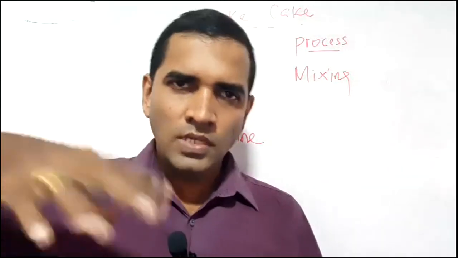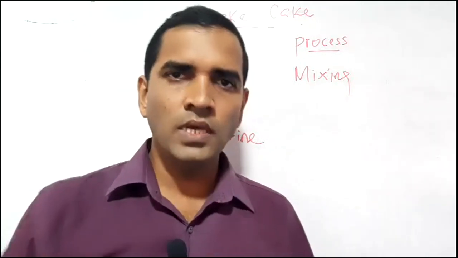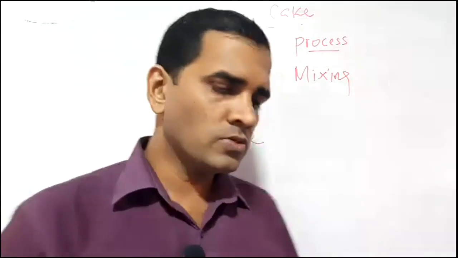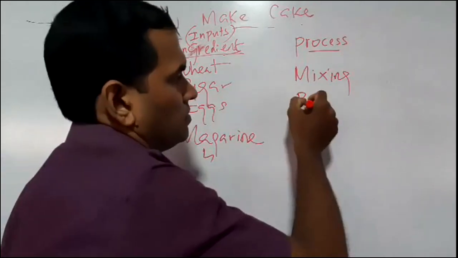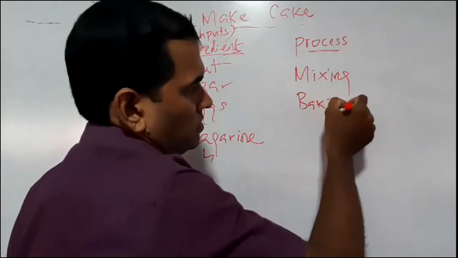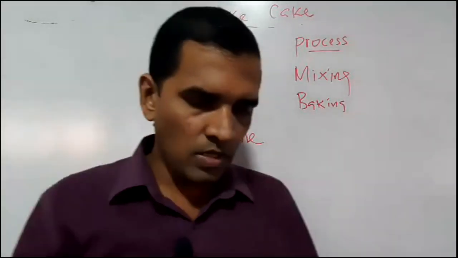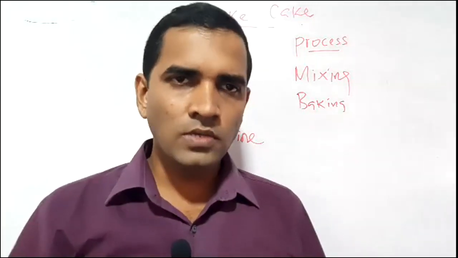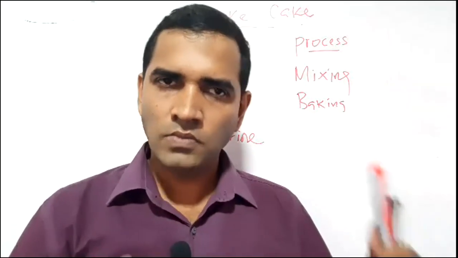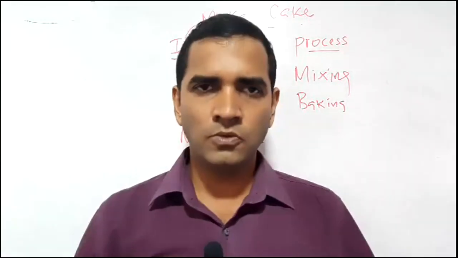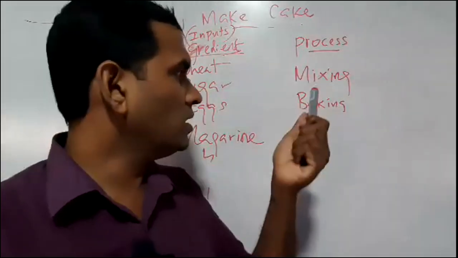Once things are mixed, you need to bake them, right? So baking is the next one. There may be more than two processes, but I have taken the most important ones: mixing and baking.